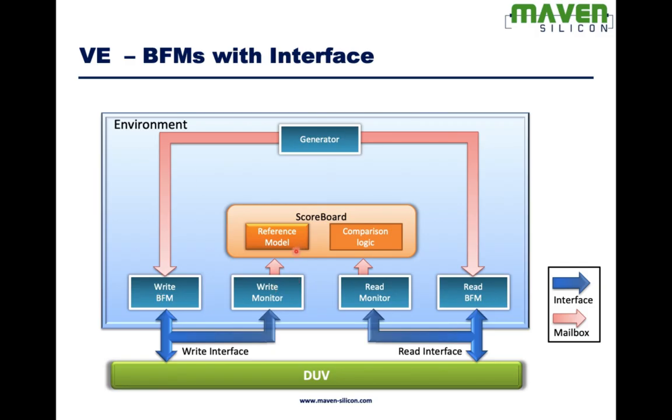To connect monitor with scoreboard, we use mailbox. Within environment, we use mailbox to make all the connections. But when it comes to connecting the environment with the DUV, we use only interface. And then the coverage model can also be connected through mailbox, or you can use other features like callbacks.